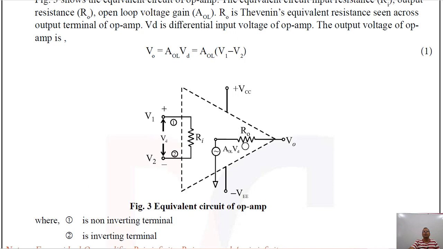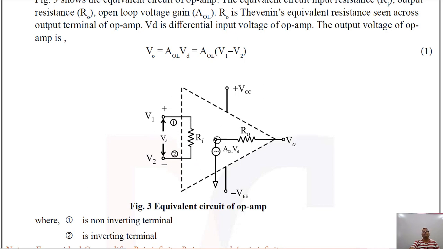Output is connected through a resistance, and there is a voltage dependent voltage source, which depends on the differential input voltage. VD is V1 minus V2, the differential input voltage, and AOL stands for the open loop gain of the op-amp. This is just a hypothetical equivalent circuit, but this is the circuit we assume.